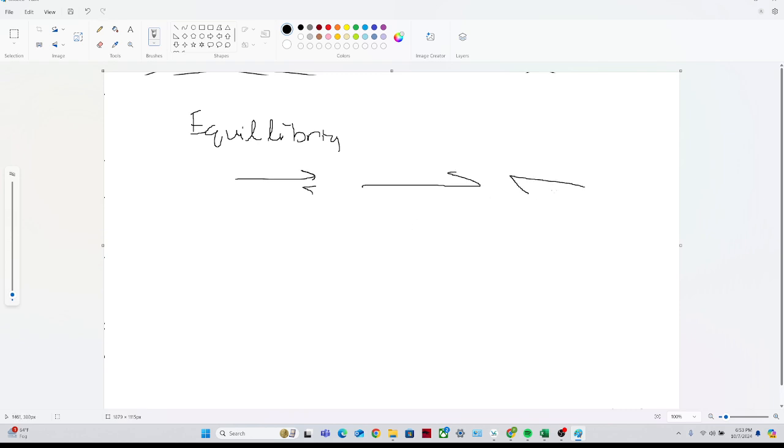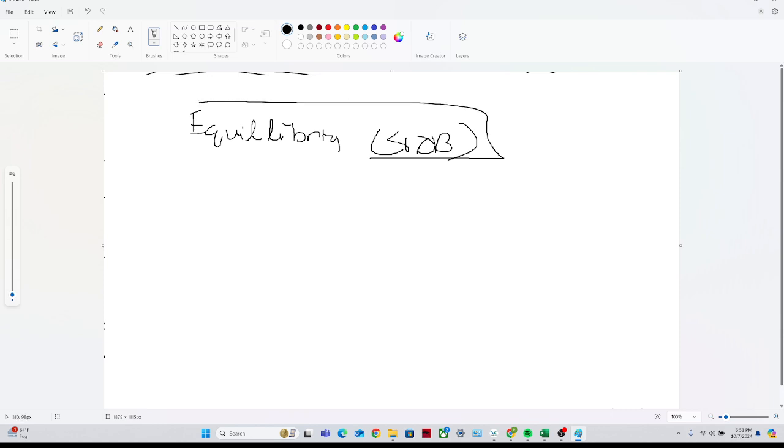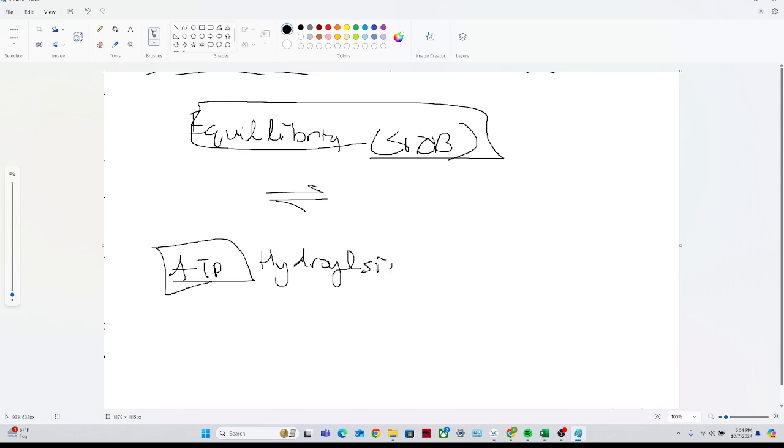Some are backwards. Others are pretty equal. And so for a lot of the reactions you do in 40B, they're going to be pretty straightforward. As a matter of fact, they're going to be like this. They're not going to be like that when you hydrolyze ATP. Hydrolysis will be one direction. It'll be like that.